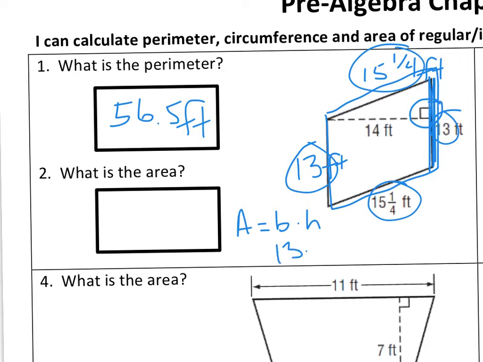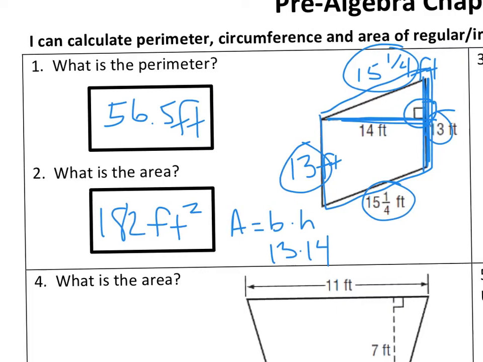And the height would be the other connector to that right angle symbol, and that's 14 feet. So when we multiply 13 times 14, we get 182. In this case, area, the space inside that parallelogram, is measured in square units, and that's why we have a 2 on the feet there. So that means square feet.